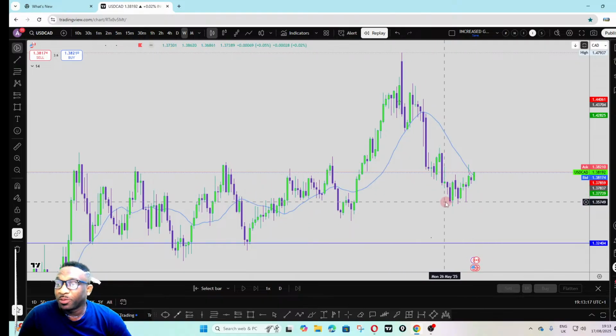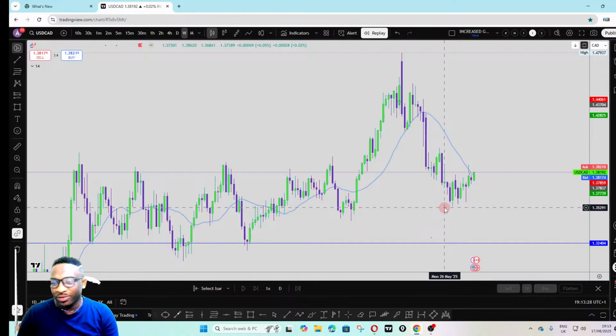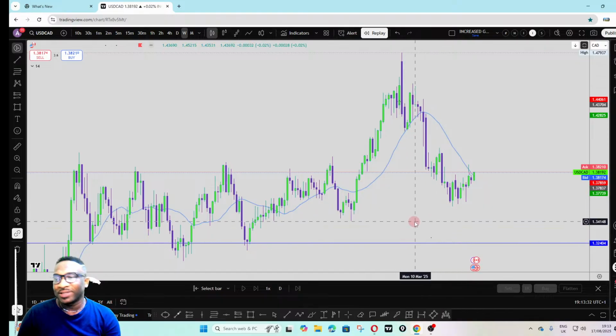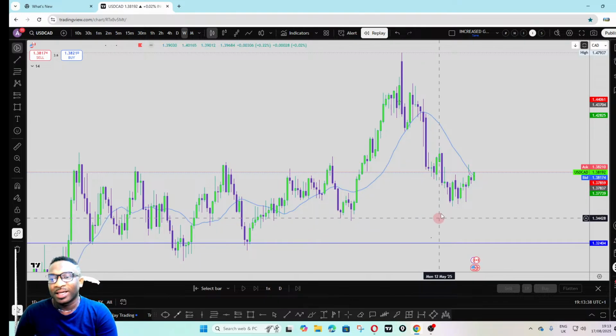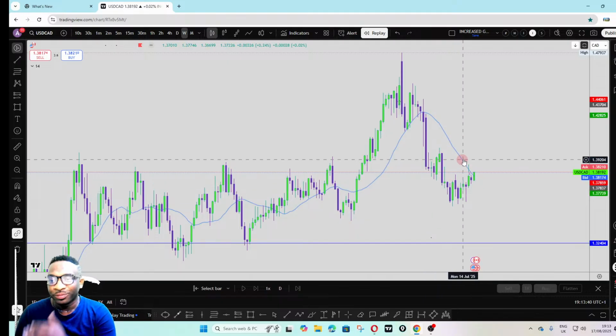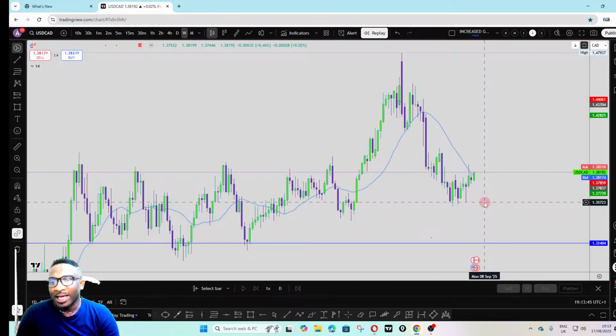The reason why I've put this weekly chart is because I always want us to have the swing side of trading, and then also the day trading side of trading as well. If we're able to identify the swing side, we can have one account rolling as we are enjoying the swing move, the long-term move of price, as we also engage in the day trading.